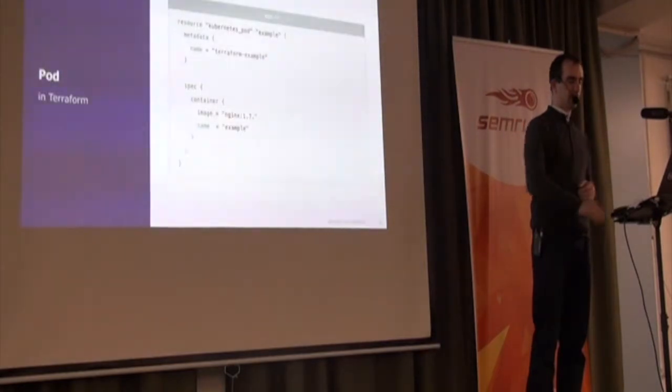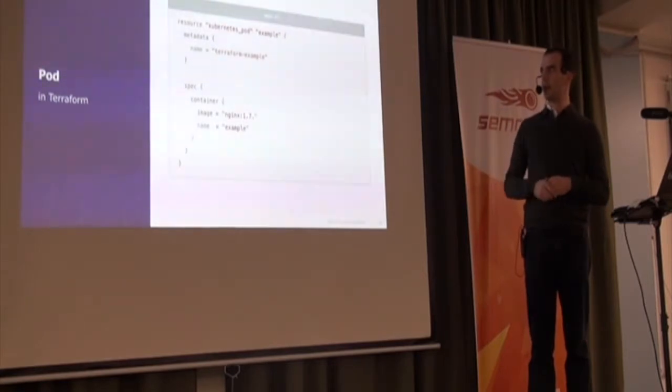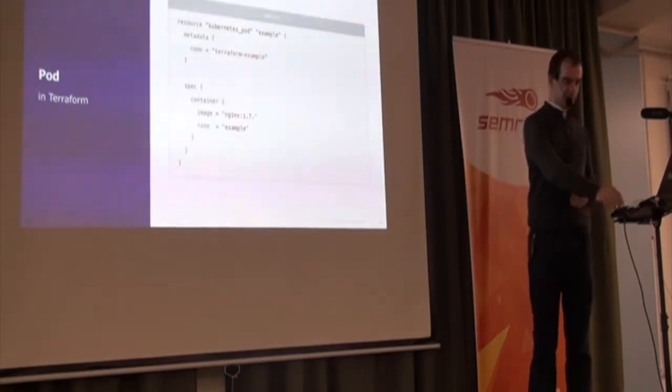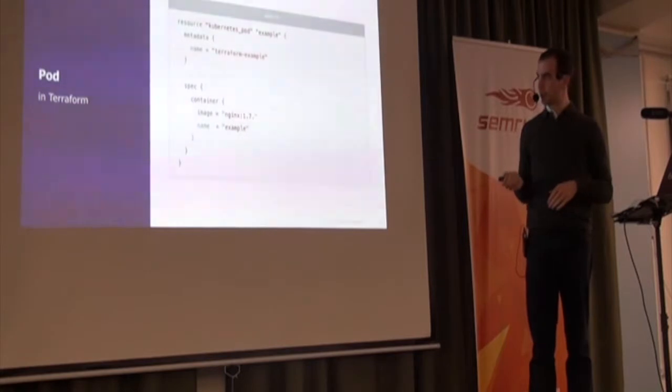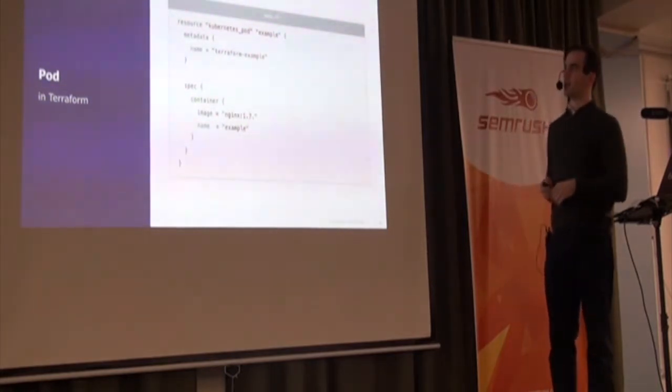So let's have a look behind the scenes for a moment. This is a config, let's see if I can use this. We have a resource here. It basically describes a pod in a Terraform config. This just says that it's a pod.